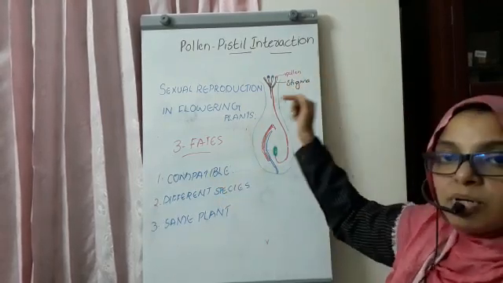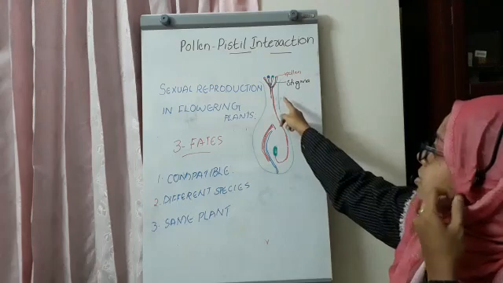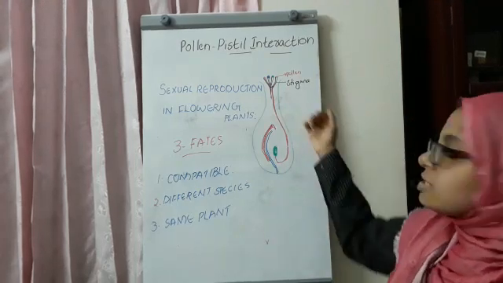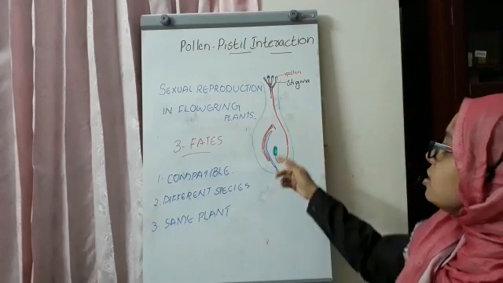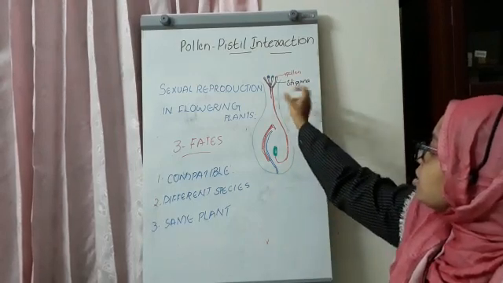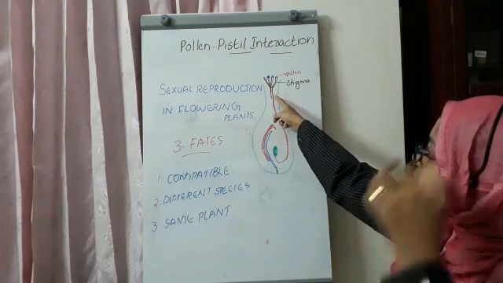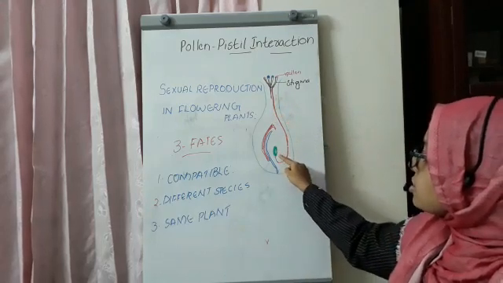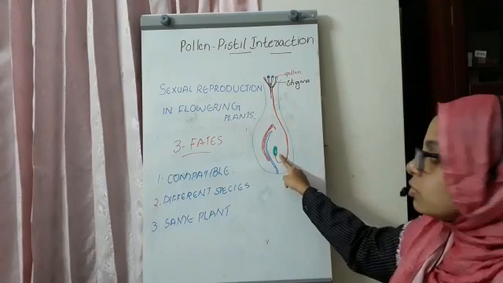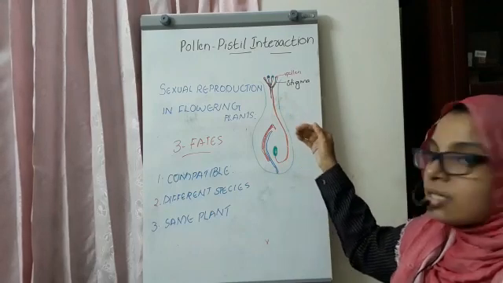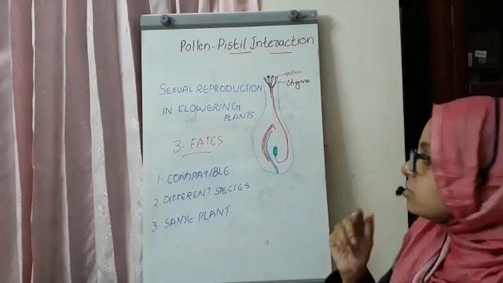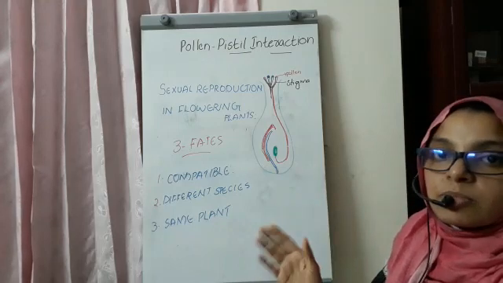If the compatible pollen comes onto the stigma, what happens? Fertilization occurs. This results in the formation of a pollen tube which reaches the female gamete, the ovule. So fertilization and formation of the pollen tube occur if the pollen is compatible.